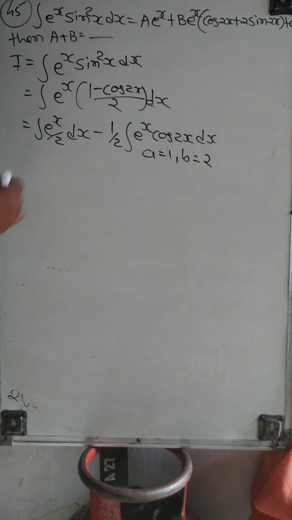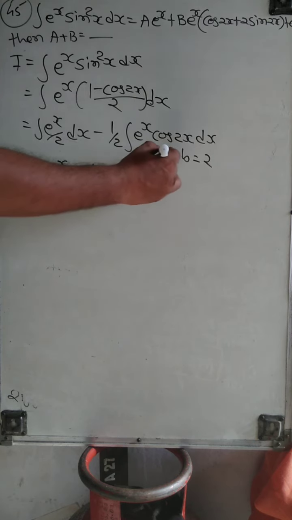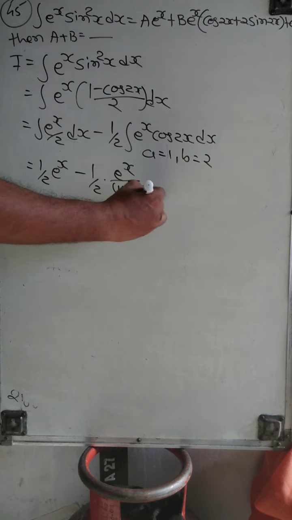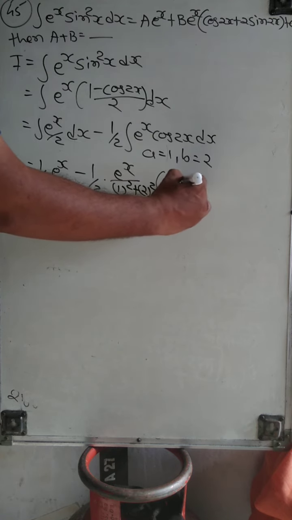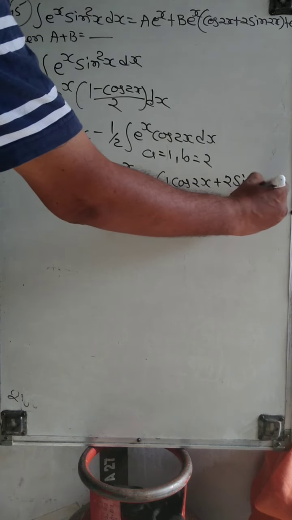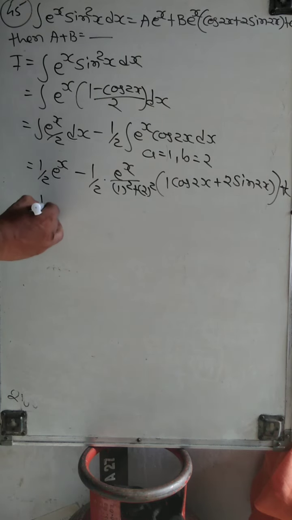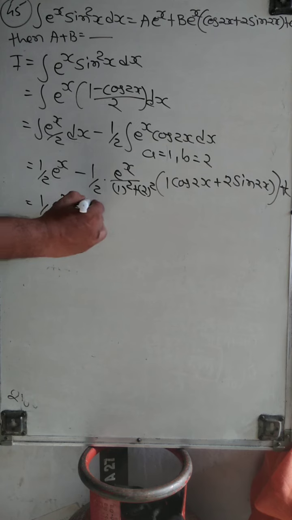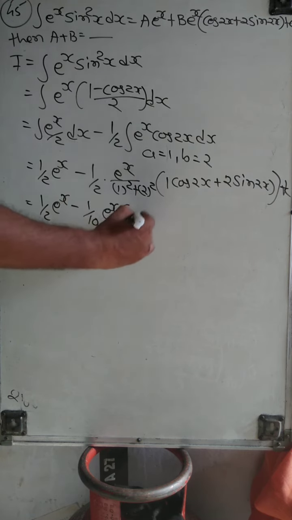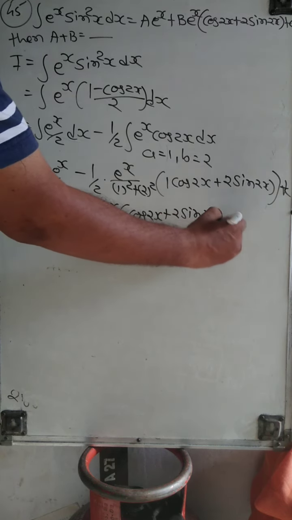We are applying the formula, and here we directly put 1/2 e^x minus 1/2 e^x/(a² + b²) [a cos bx + b sin bx] plus c. Then 1/2 e^x minus, this is 5, 1/10 e^x (cos 2x + 2 sin 2x) plus c.